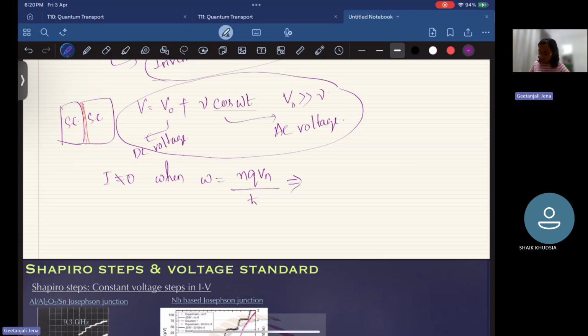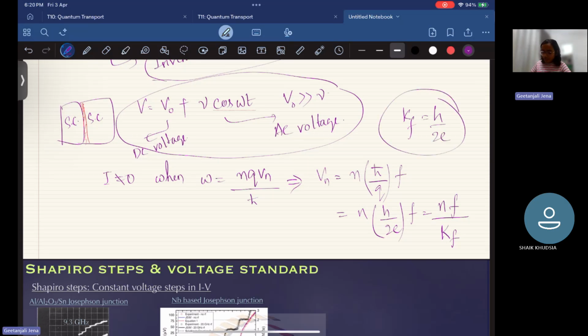If we rearrange it, Vn would be n h bar omega by q, or n h f by 2e, or n f by Kf, where Kf is h by 2e.